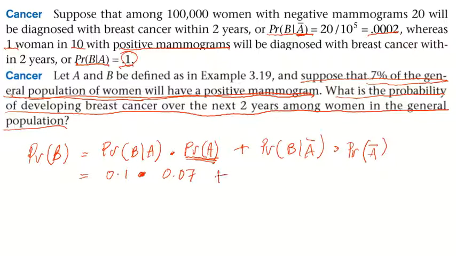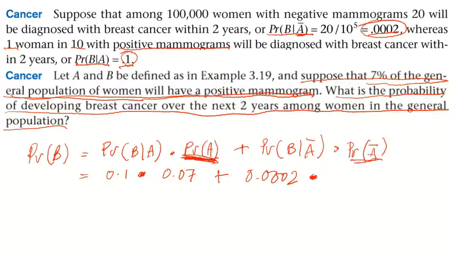Plus, what's the probability of having breast cancer when the mammogram is negative? Well, that's given here. That's 0.0002 times. What's the probability of the mammogram being negative? Well, that's simply the probability that remains after the mammogram has become positive.